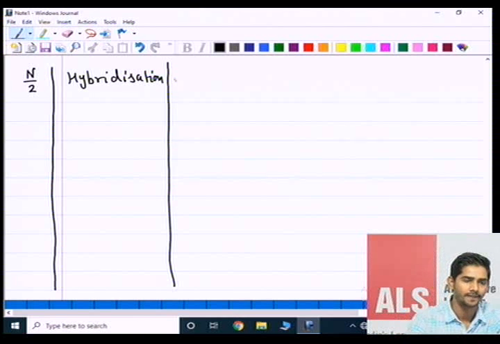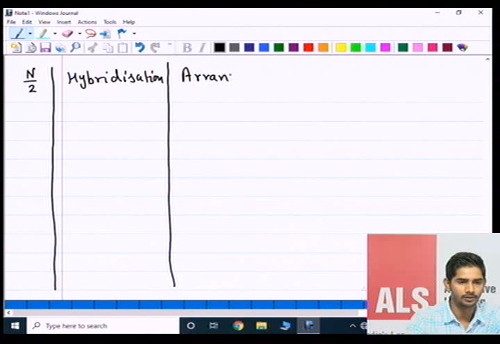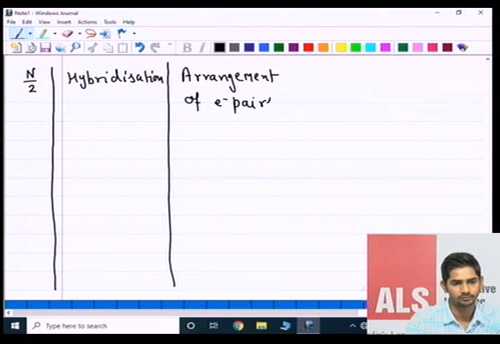Then arrangement of electron pairs around central atom.